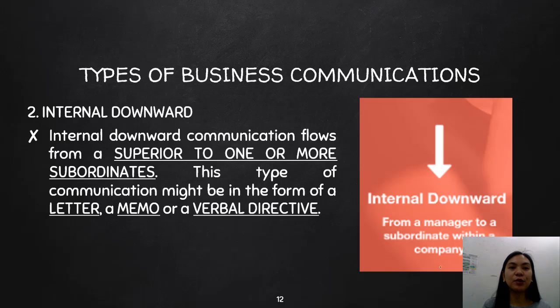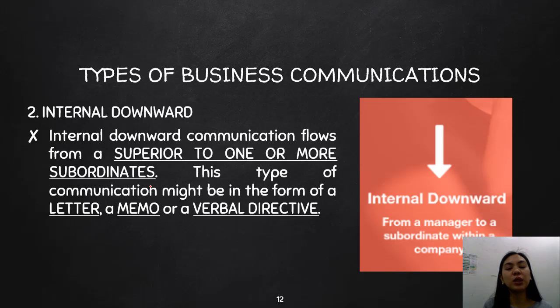So the second type of business communication is your internal downward. This is the reverse of the first one. When we say internal downward communication, it means that communication flows from a superior to one or more subordinates.